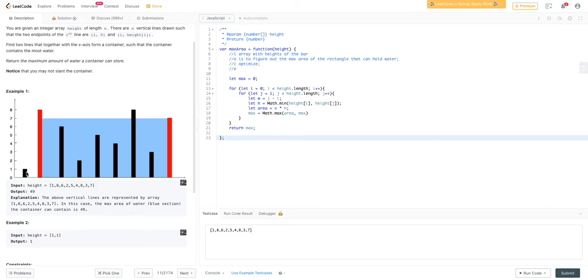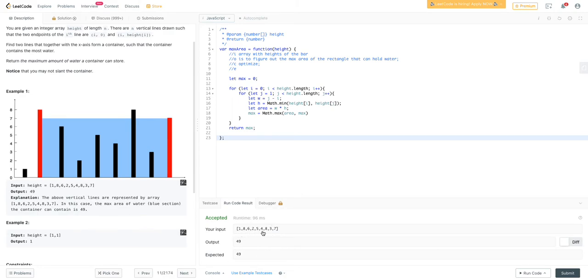So like we said, we always need to pick the minimum height, because that determines how much water it can hold, right? So if we were to run this code, let's see if it works. It would pass this array, right?